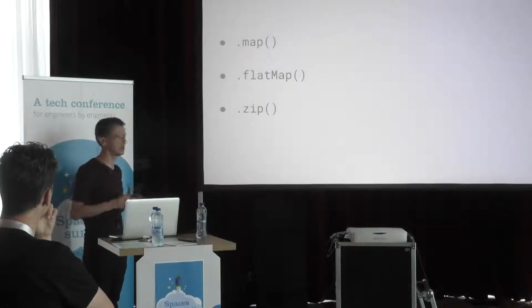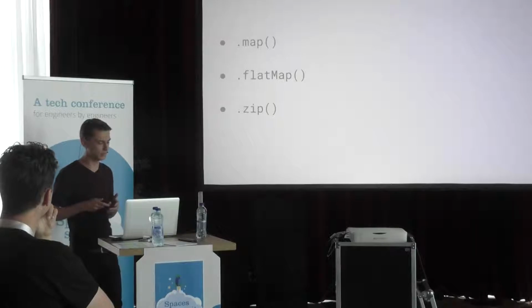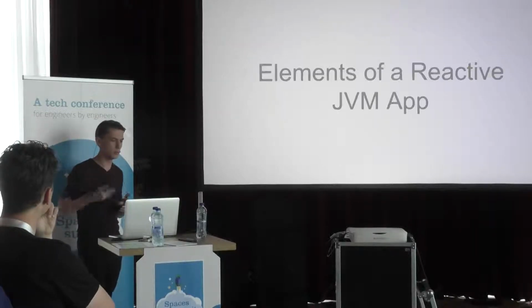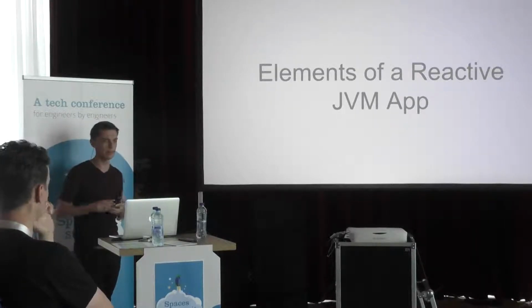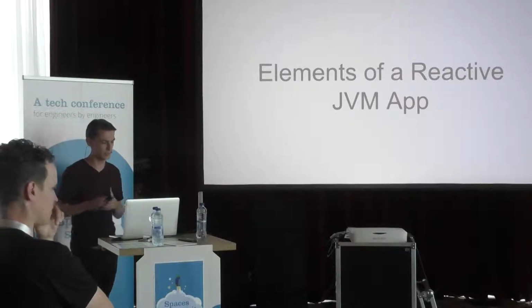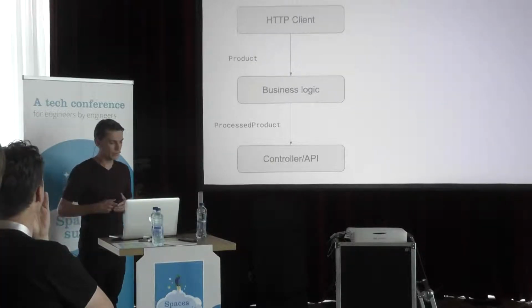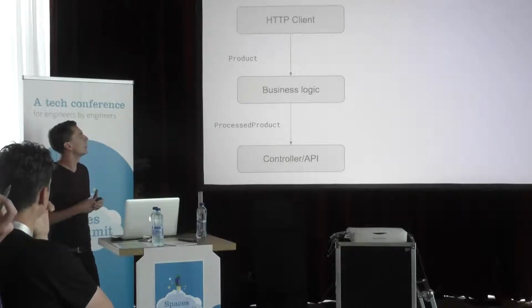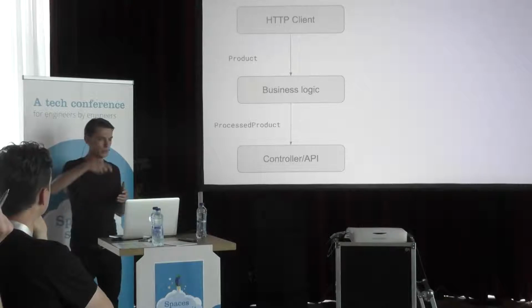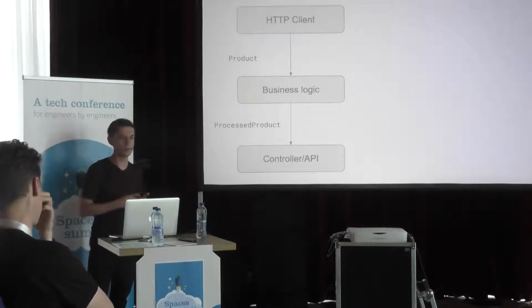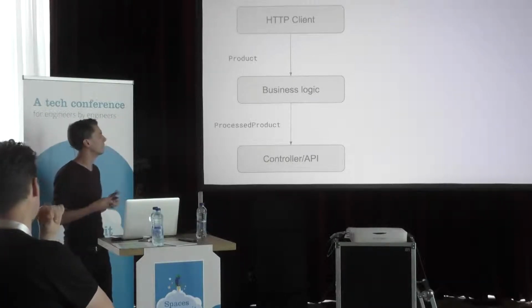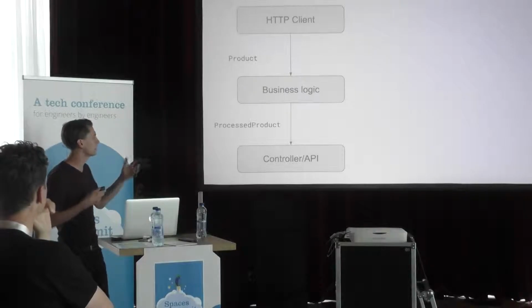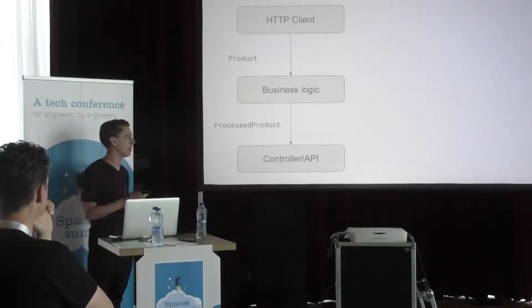So now that we've defined what reactive programming on the JVM consists of, let's look at what a reactive JVM app looks like, what its tech stack is. I want to take the example of an application that calls some sort of product over HTTP, applies some business logic over it, processes it, and returns it through an HTTP interface in the controller.